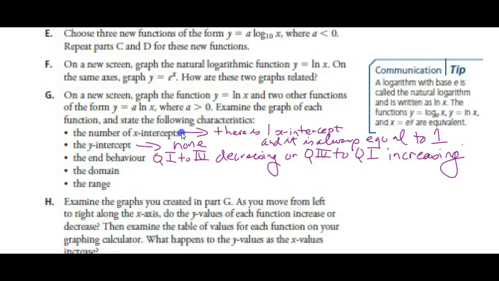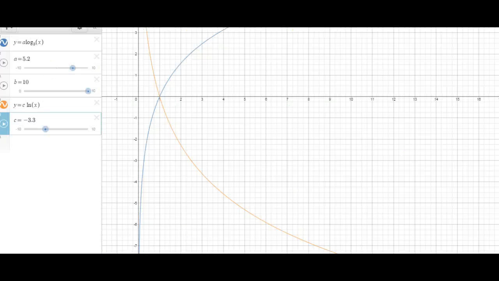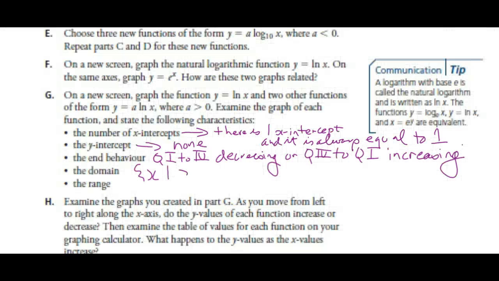What's the domain? x is greater than 0, right? Can't be equal to 0. There's no y-intercept, so x is greater than 0. x greater than 0, not greater than or equal to.